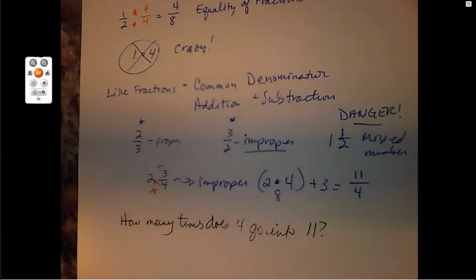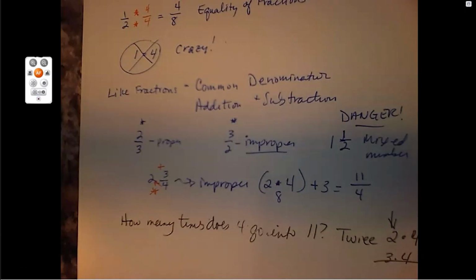And we would say, well, I think I could put 4 into 11 twice, because 2 times 4 is 8, and 3 times 4 is 12, and that's too many, because I don't have 12, I only have 11. So 4 will go into 11 twice, so that is the 2, right? There are 2 versions of 4 in there. So that means my whole number is 2.